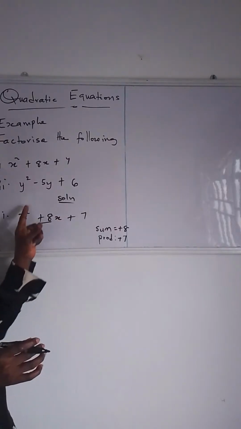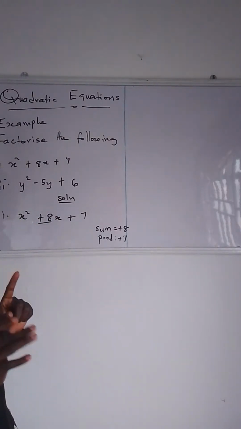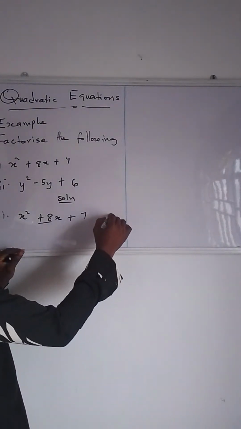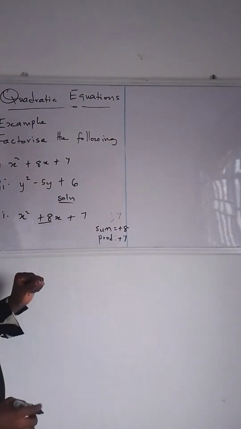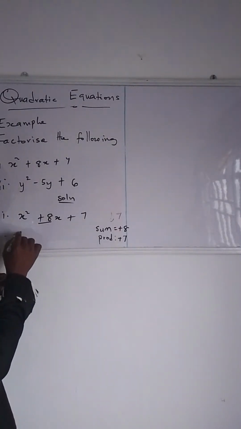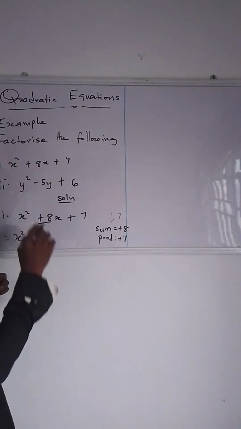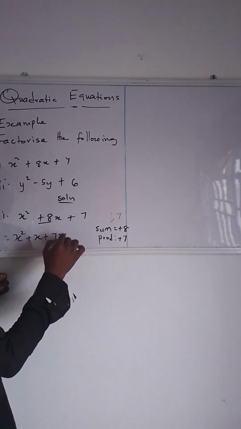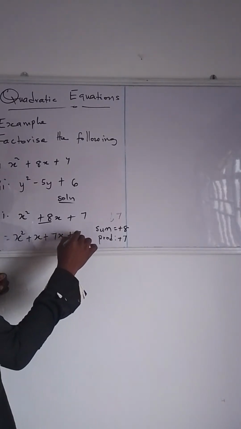This 8x is going to be 1x plus 7x, right? So now this expression turns to x squared plus 1x plus 7x plus 7.